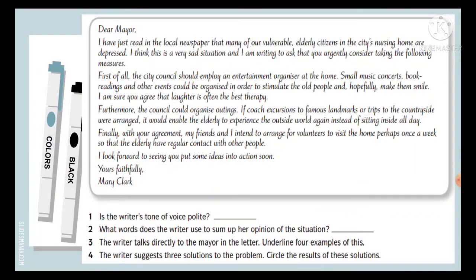This is the model answer for the previous question. Dear mayor, I have just read in the local newspaper that many of our vulnerable elderly citizens in the city's nursing home are depressed. I think this is a very sad situation, and I am writing to ask that you urgently consider taking the following measures.